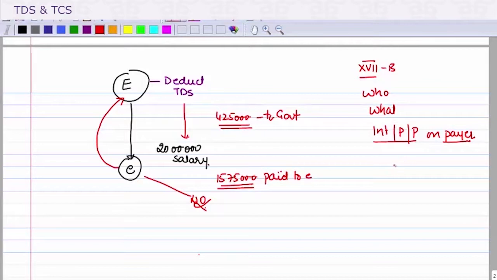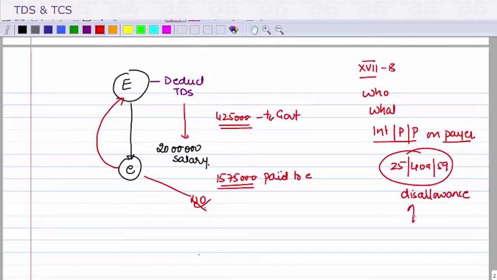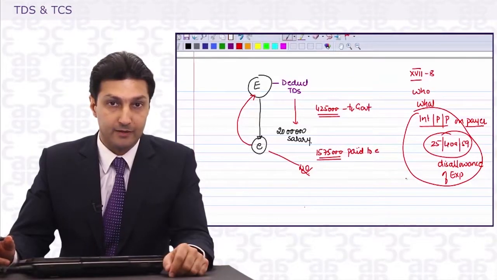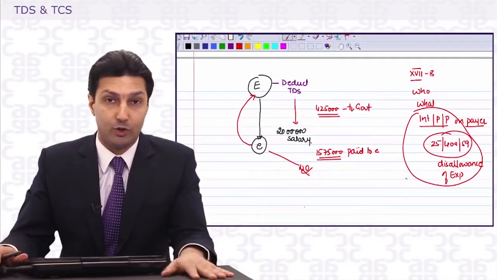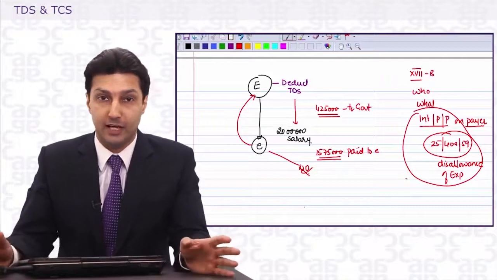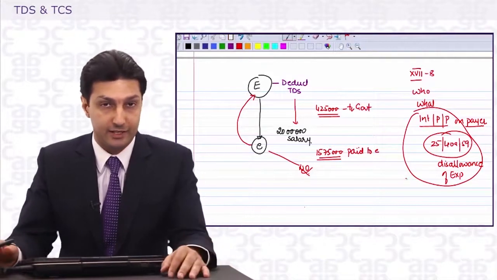And if that was not enough, we've done Section 40A(ia), wherein non-deduction of TDS could lead to disallowance of the expenditure, which means that payment becomes taxable in your hands. Now, all these are methods to dissuade the payer from listening to the payee and not deducting TDS. He has to deduct TDS.